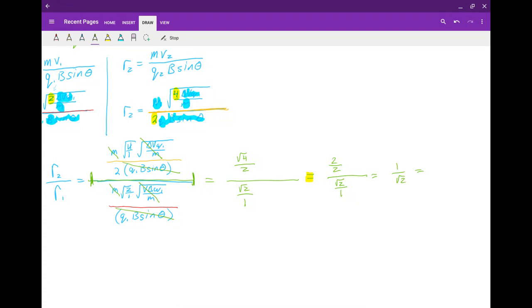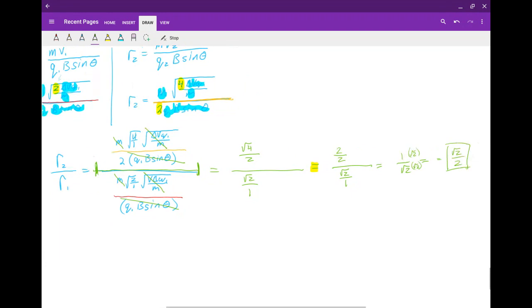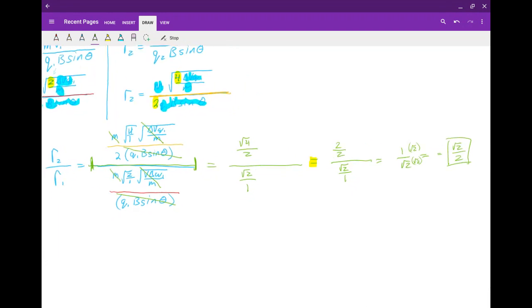If I multiply both by the square root of 2 and square root of 2, I end up with square root of 2 over 2. So going back, I'm going to grab these two guys. I've got R2 over R1 is the square root of 2 over 2. And so therefore, the second radius is the square root of 2 times greater than the first.